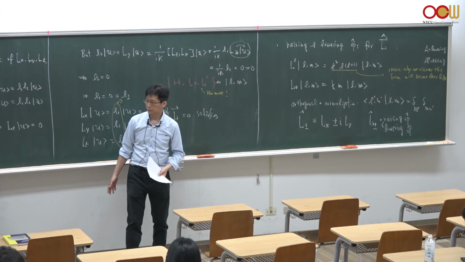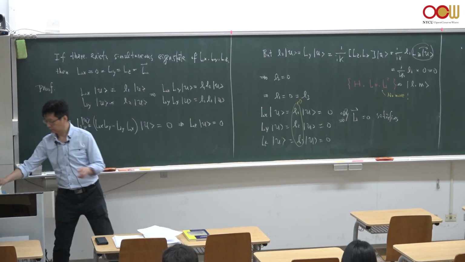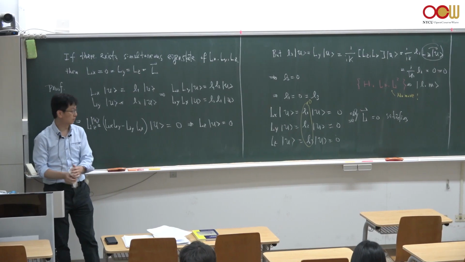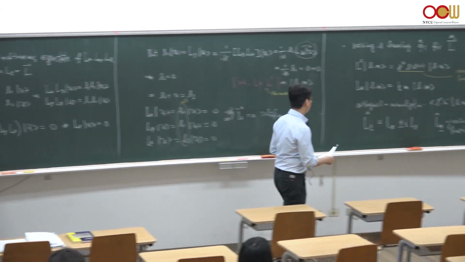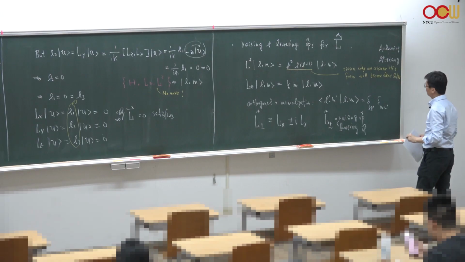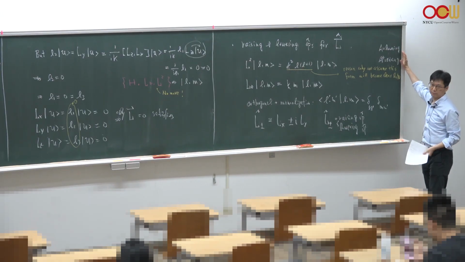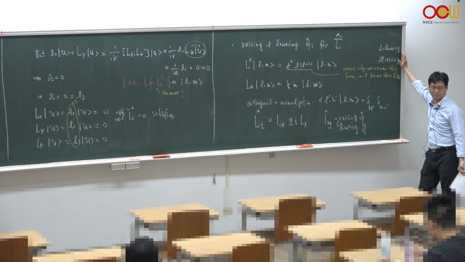L minus is the elevator going down by 1 floor, and we will see that in just a moment. You can see the correspondence between this angular momentum raising and lowering operator and the a dagger in the harmonic oscillator problem. They are in the spirit exactly the same.